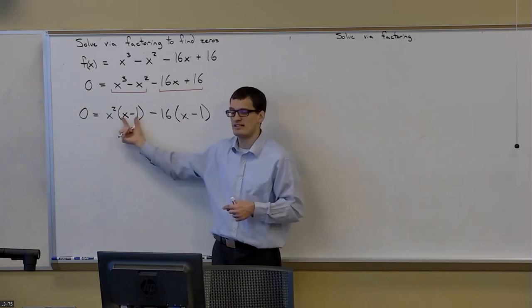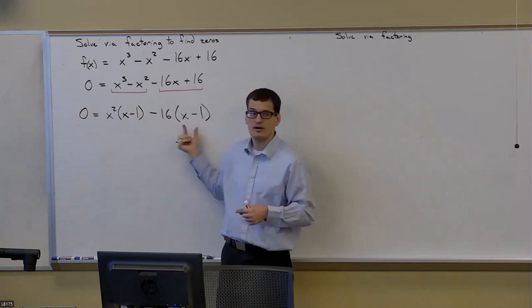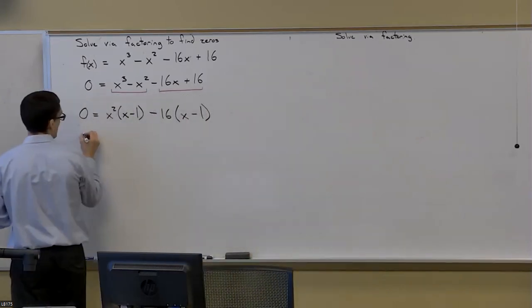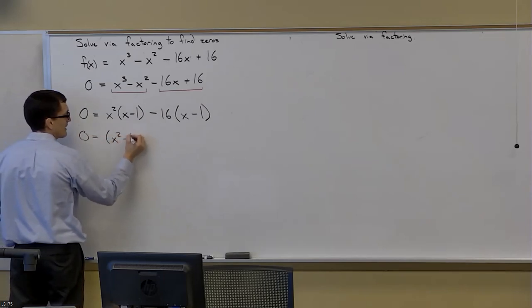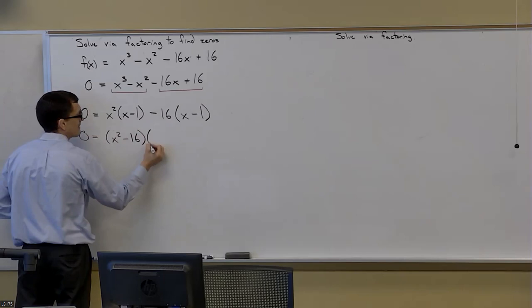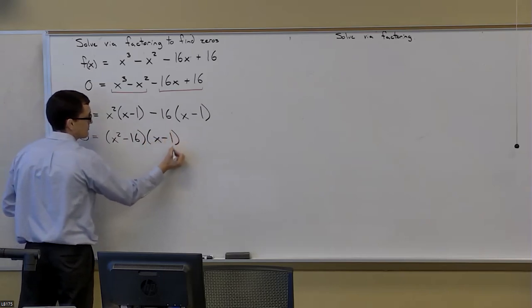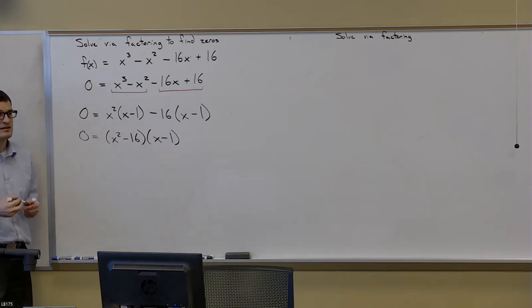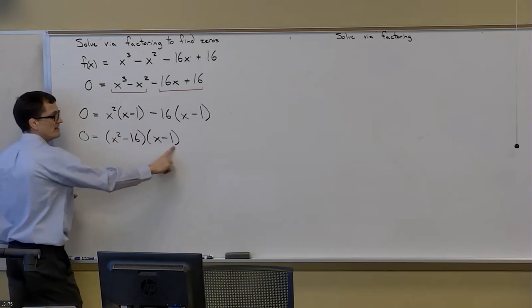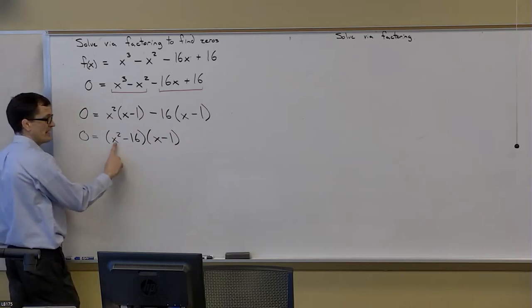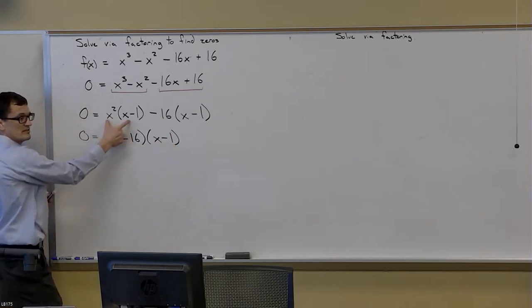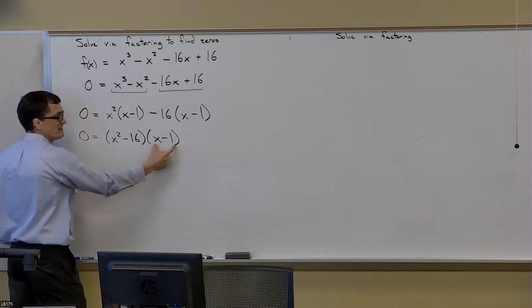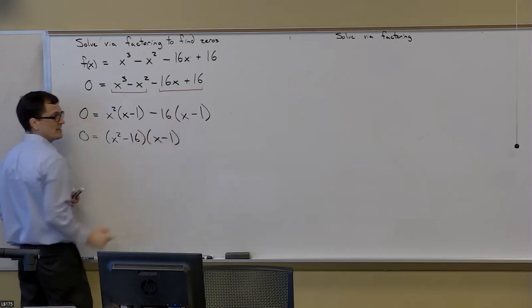Because I got those exact same parentheses, what I can do is I can say, well, actually, this is the same as x squared minus 16 times the quantity x minus 1. Do I see that? If I were to multiply these two polynomials out, I would have taken x squared times both terms, is this, and then minus 16 times both terms, which is this.